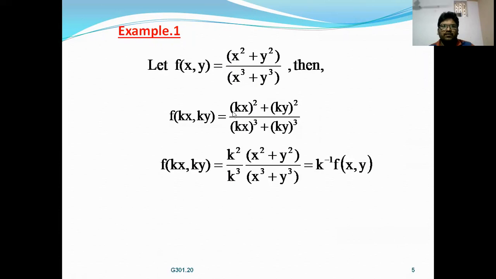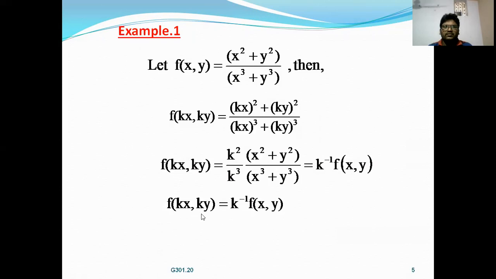Cancel this k square, and you get k in the denominator. Taking k to the numerator, you get k to the power of minus 1. So this function can be written as k to the power of n into f of x comma y. So this is a homogeneous function of degree minus 1.